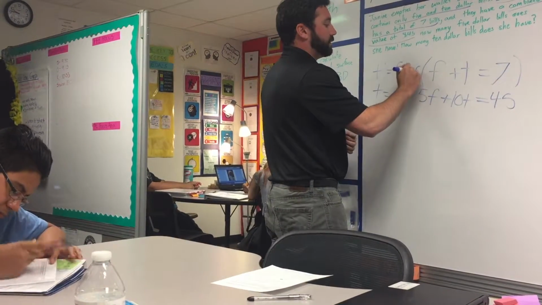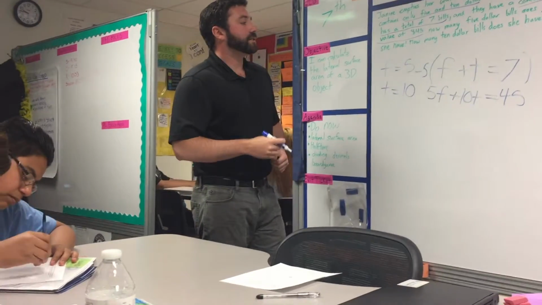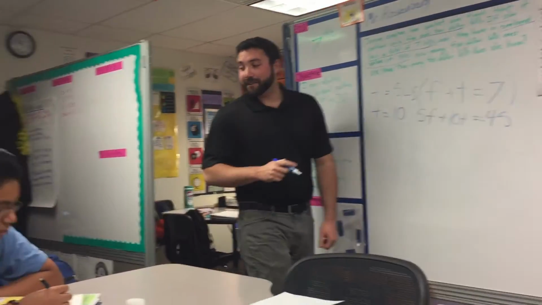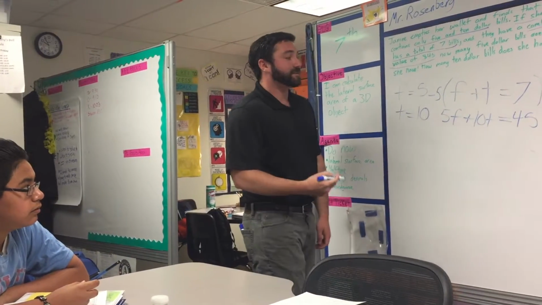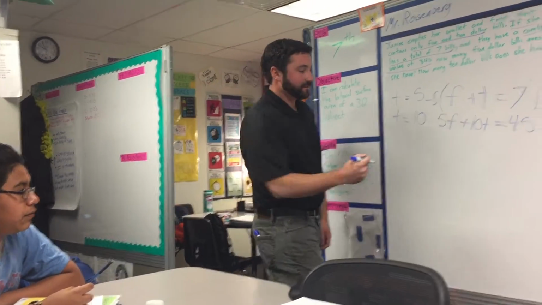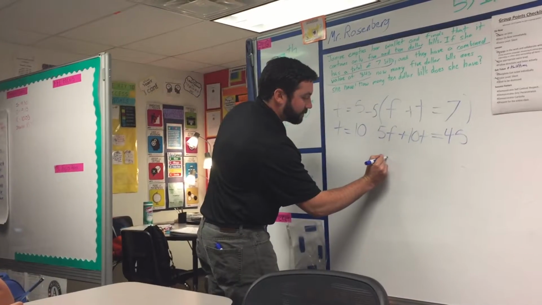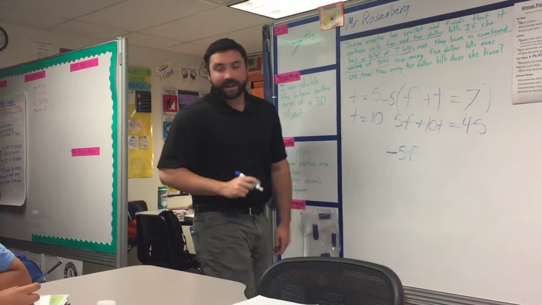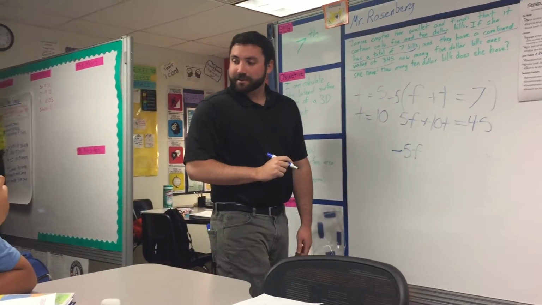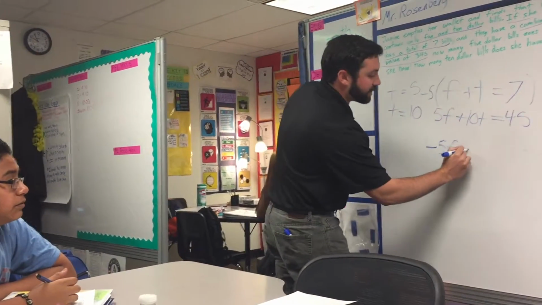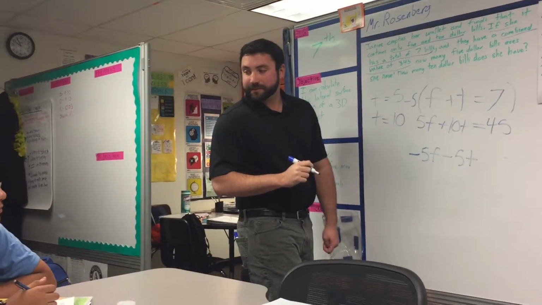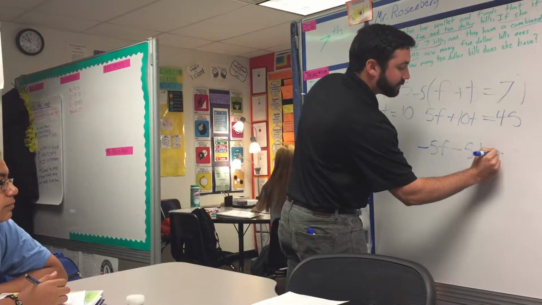Okay? So if we multiply this top equation by -5 and we distribute, we'll get -5 times F. So what is -5 times F? -5F. And -5 times positive T? It'll give you -5T. And -5 times 7? -35.